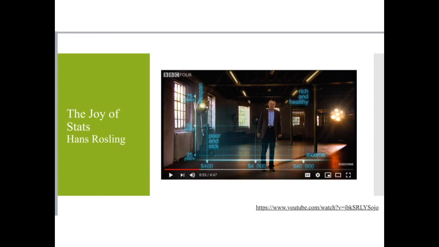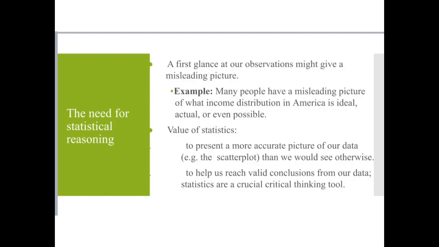So we're going to take that and cruise on and look at the need for statistical reasoning, right? At first glance, our observations might give us a misleading picture, right? If we're just doing something like a case study or naturalistic observation, we can see some things going on, but we really can't infer causation from our own observations, right? For example, many people have a misleading picture of what income distribution in America is ideal, actual, or even possible, right?